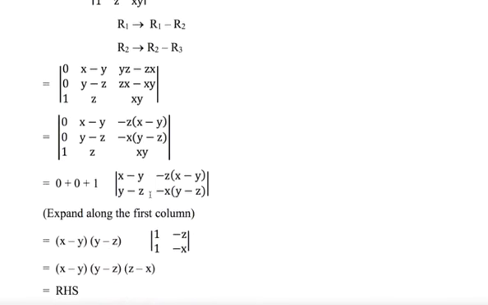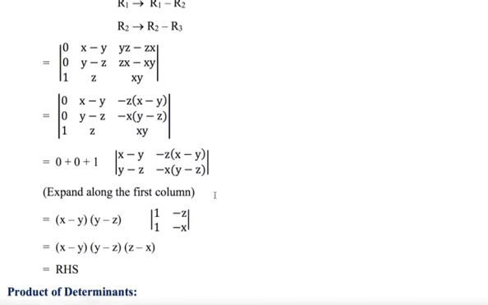Now find the determinant. Since these two are 0, along this column you can find the determinant. Minus 1 to the power 1 plus 1, and minus 1 to the power 1 plus 3 plus 1, so positive only. So this row and this column get eliminated, and these four elements remain.